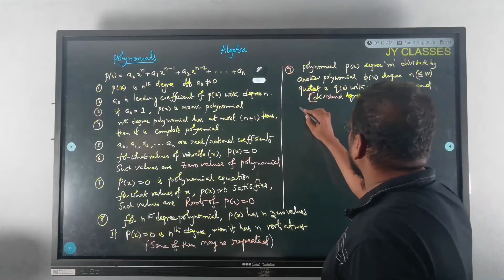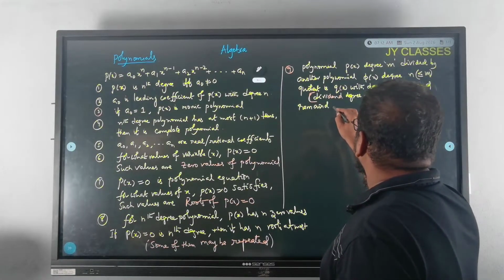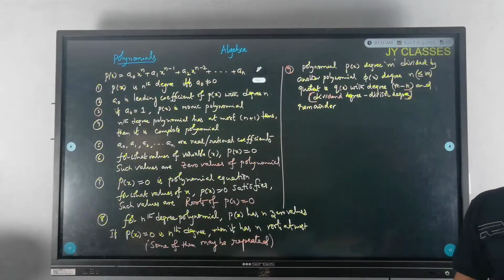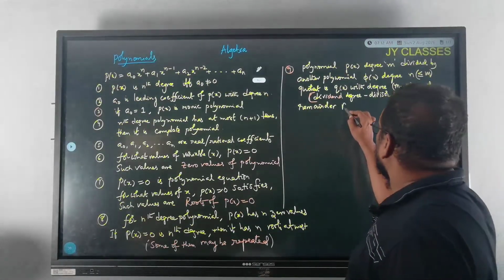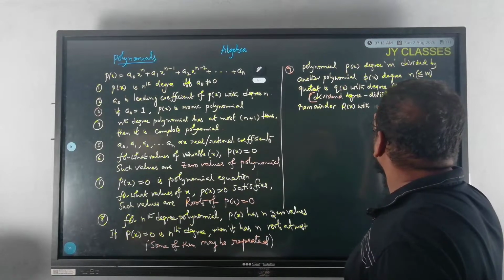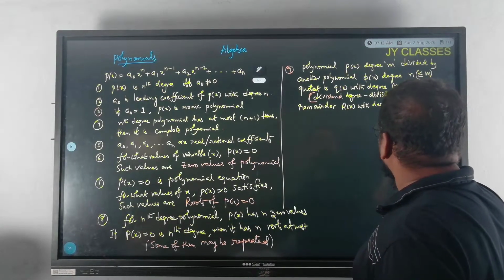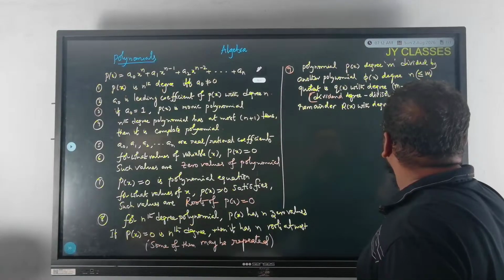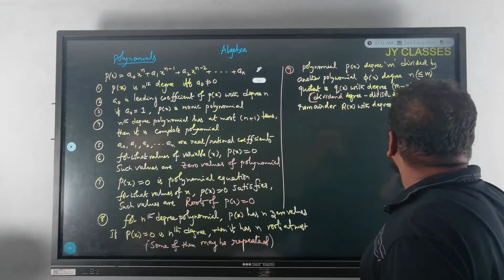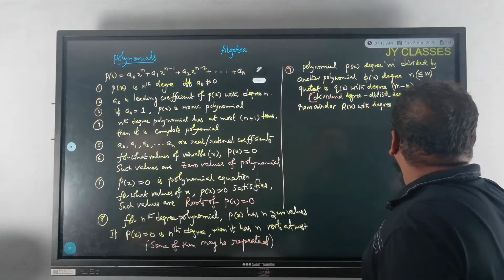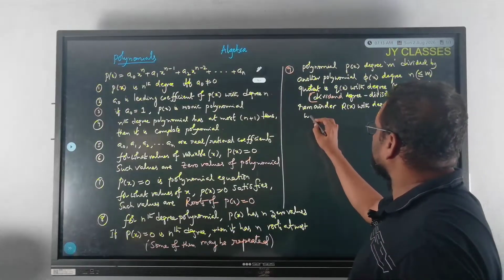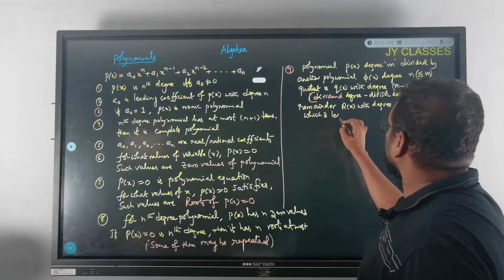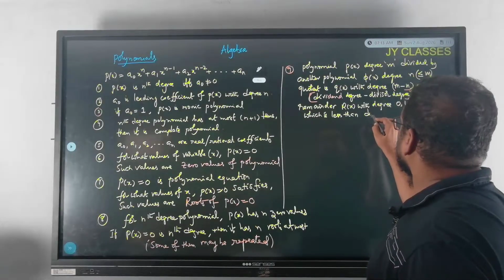And the remainder r of x, with degree 0, 1, 2, 3 and so on up to n minus 1, which is less than n, which is less than the divisor degree.